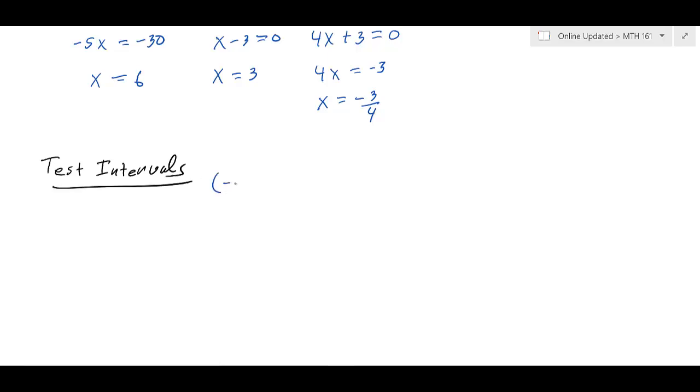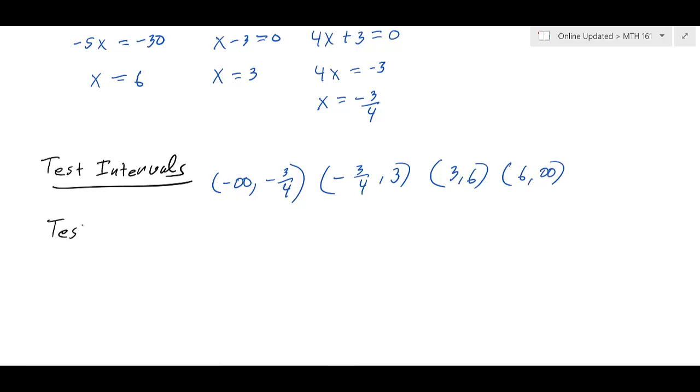And once again, we're going to start from negative infinity. And we have our smallest number here, the negative 3/4. And then we're going to continue from negative 3/4 to 3, from 3 to 6, and then from 6 to infinity. So once again, we now need to pick our test values.